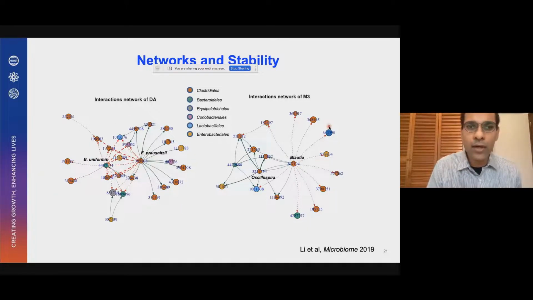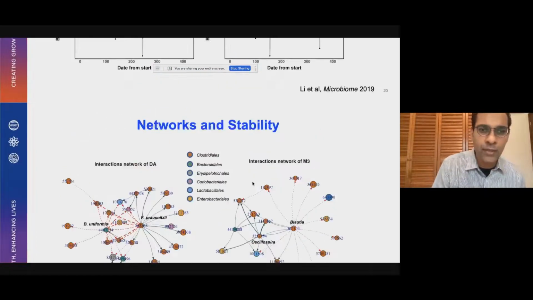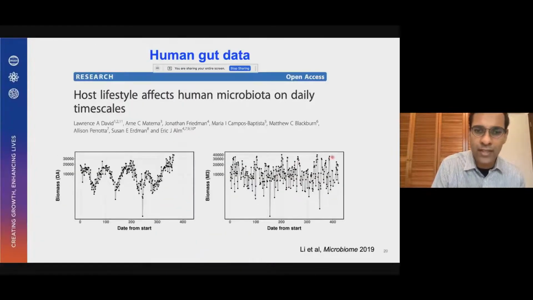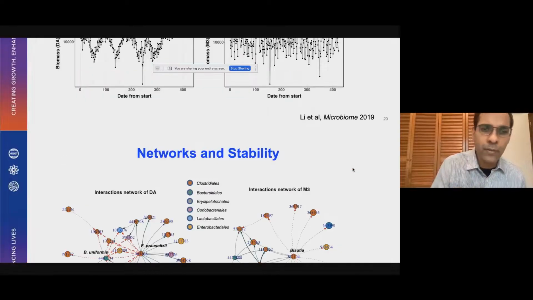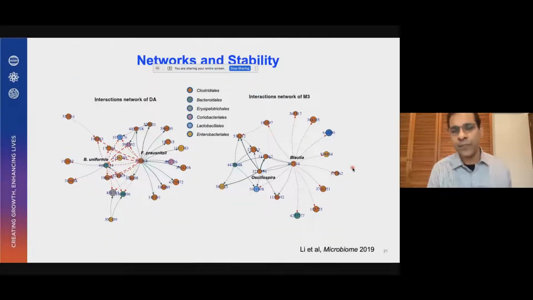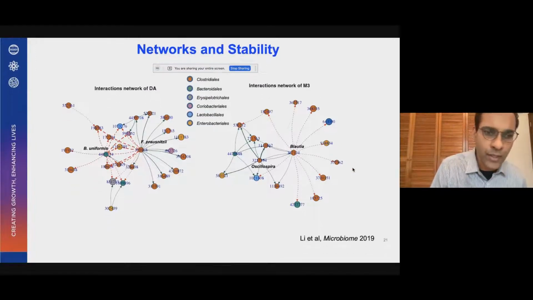And similarly, for individual M3, there are more abundant species, but the hub nodes seem to be these 2 species, which are not as well studied, and they seem to have a positive feedback loop. So this is quite intriguing, given our observation in the previous graph of this very stochastic nature of the graph. Positive feedback loops are known to be unstable, and this could potentially explain the biomass variability that we observed for this individual.